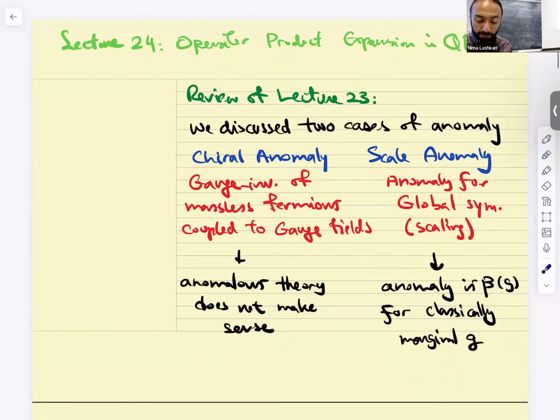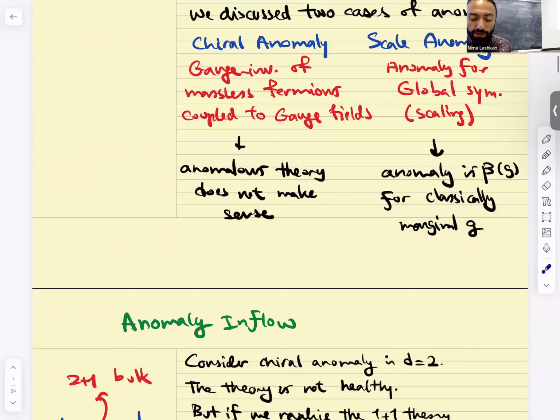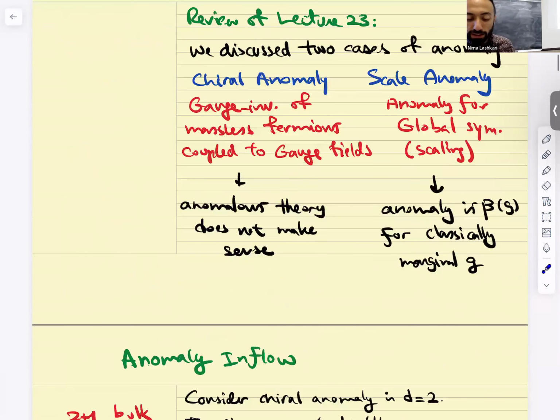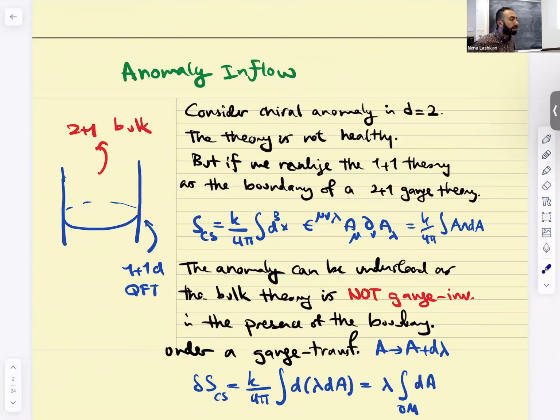All right, good. So even though we said that chiral anomaly leads to an inconsistent, nonsensical theory, we still said that mathematically there is a way of thinking about this as a path integral. The way to think about it is that you could think of this chiral anomalous theory in two dimensions as the boundary of a gauge theory in 2+1 dimensions.